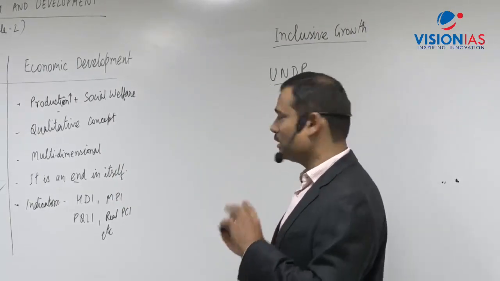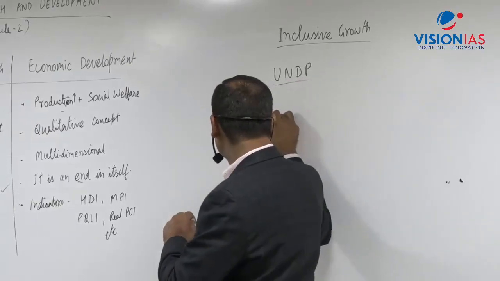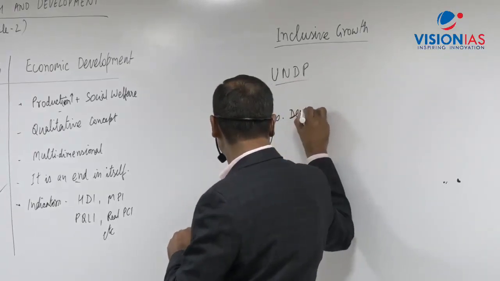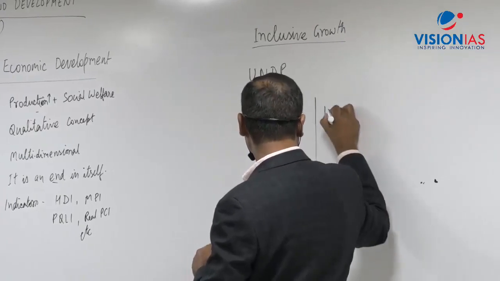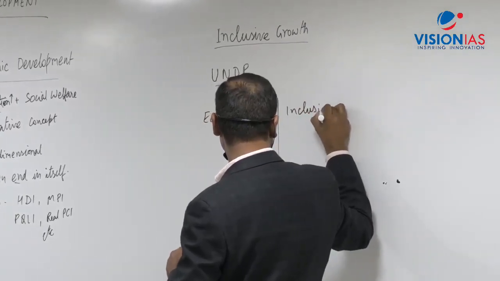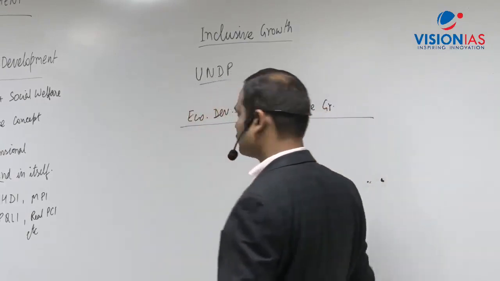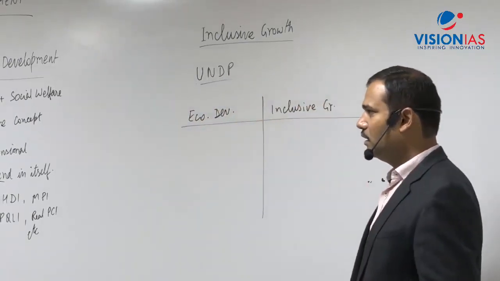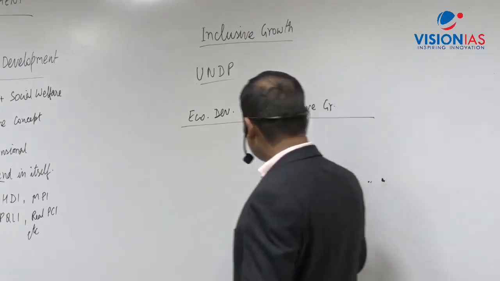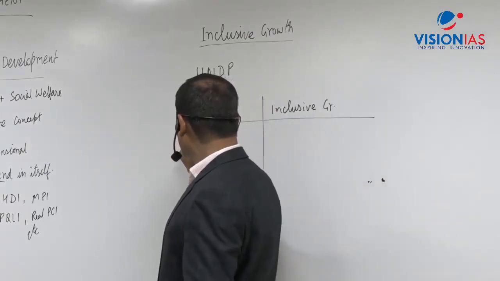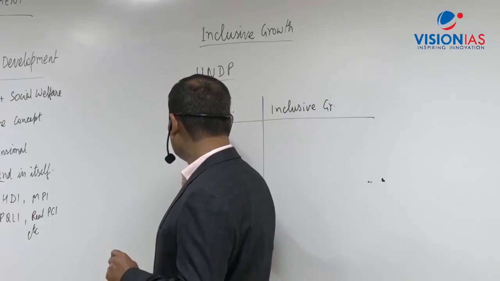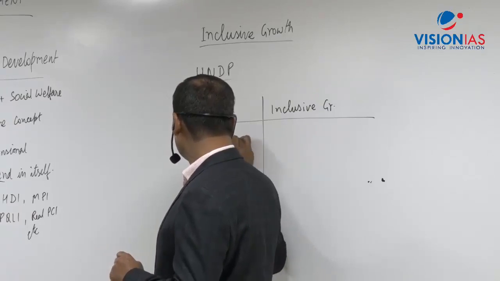Now what is the difference rather? Just make a table. Economic development and inclusive growth. Okay, so you know, economic development is what? It is an outcome.